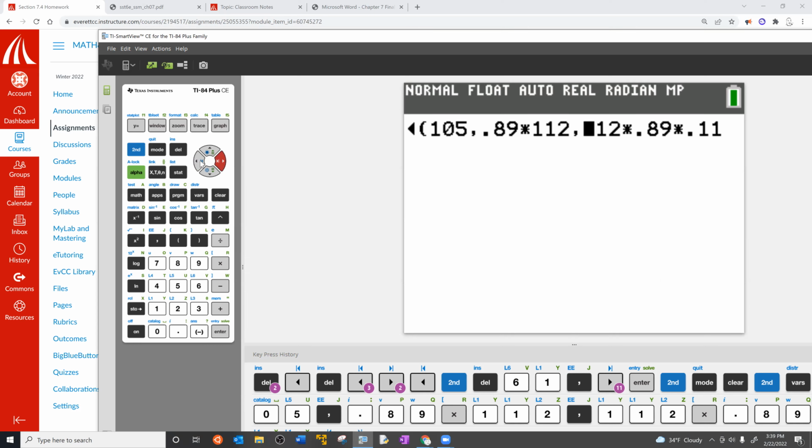So I'll put it in parentheses. This is the standard deviation. And now we're going to insert the square root.